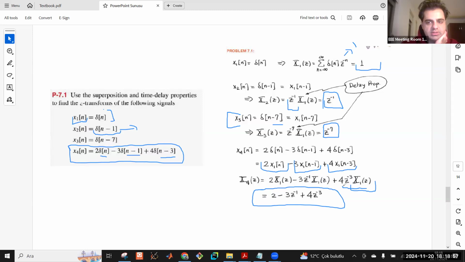So the delay term becomes the exponent of this z multiplier. Therefore, this will be the overall result.